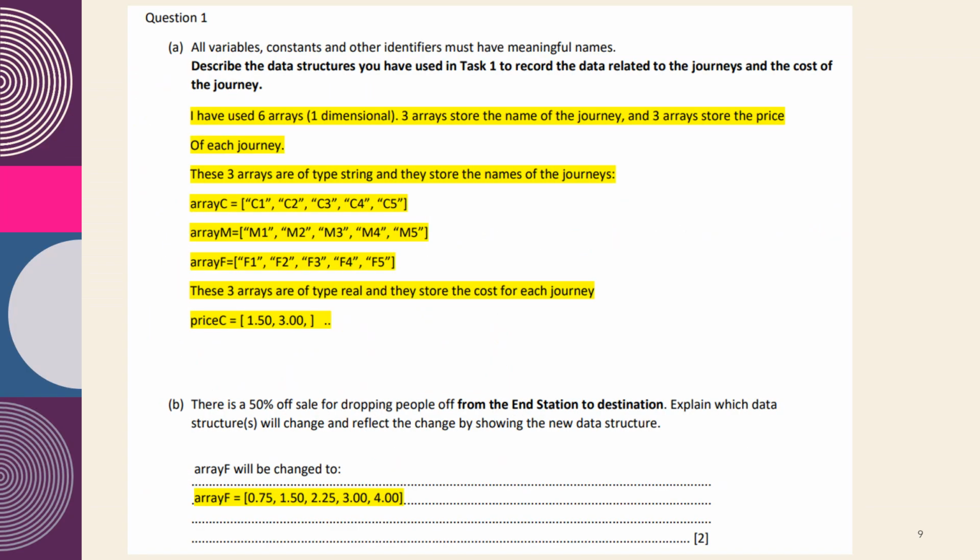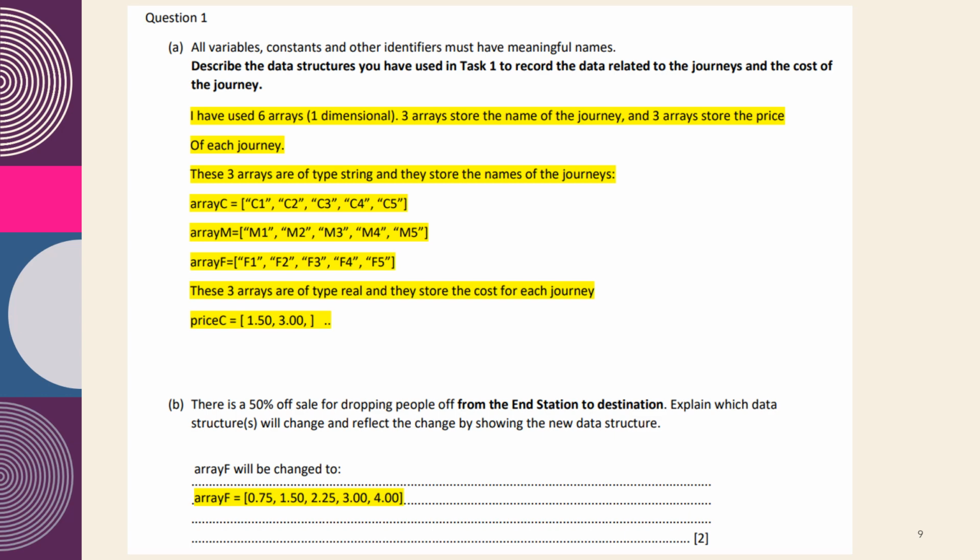Let's have a look at some of the questions that might come. Most likely there will be either a 3, 4, or 5-mark question about task 1. What are the data structures you've used to record the data related to the journeys and the cost of the journeys? So, we have 6 one-dimensional arrays. Describe them. Tell us what's inside them. Question B, for example, there's a 50% sale off for dropping people from the end station to destination.